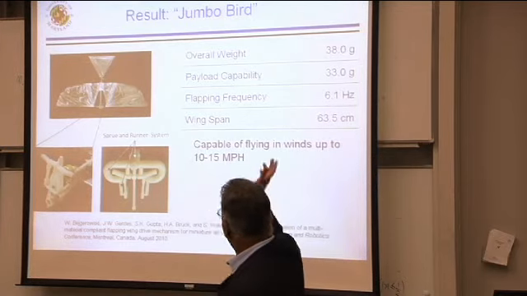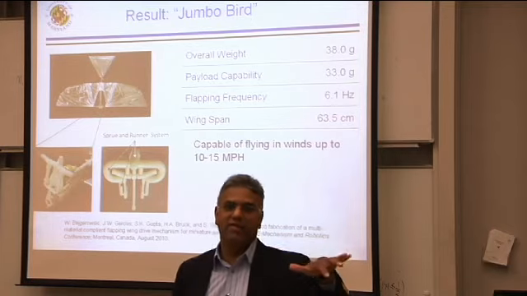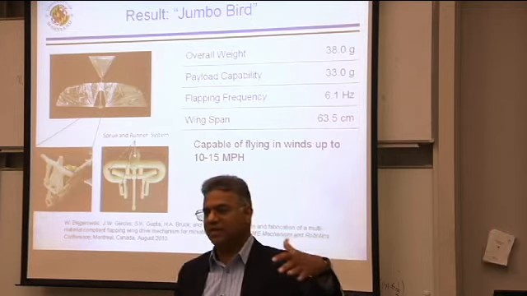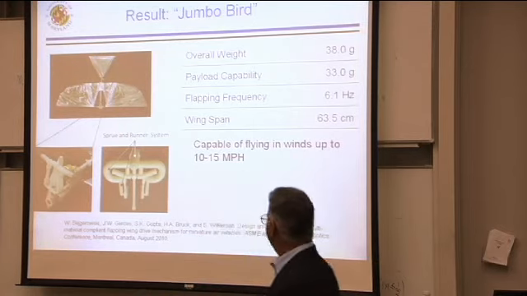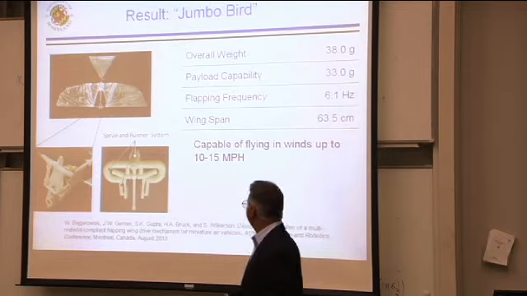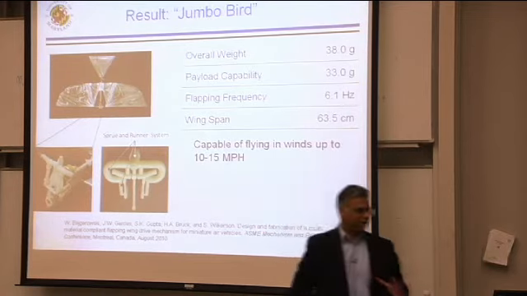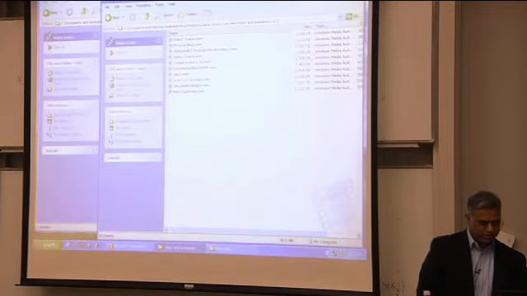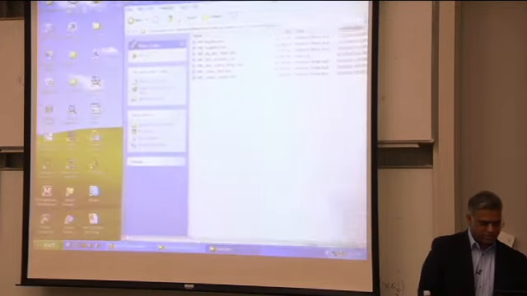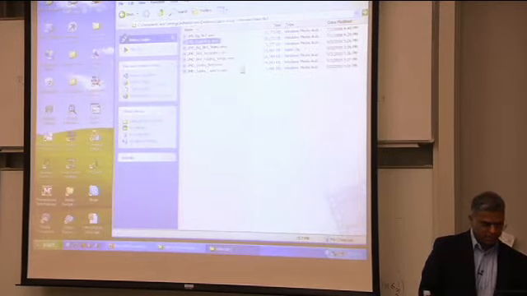You can put a battery and a camera on it, and if you can find a small enough autopilot, which I believe is out there but very expensive, so we have not flown that with an autopilot yet. I'll tell you some other stories about these birds in a minute. This can actually fly outside in 10 to 15 miles per hour wind. So now I can show you a few videos of these birds. This is our small bird.